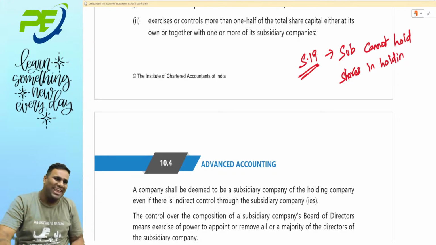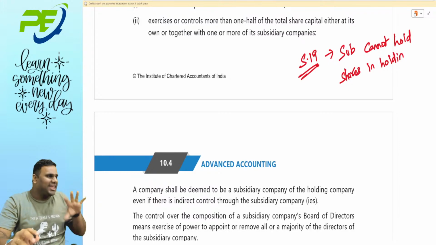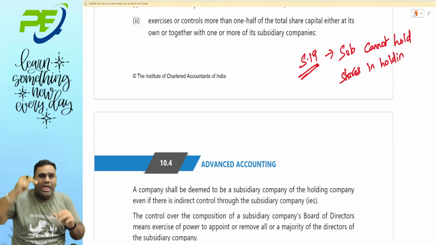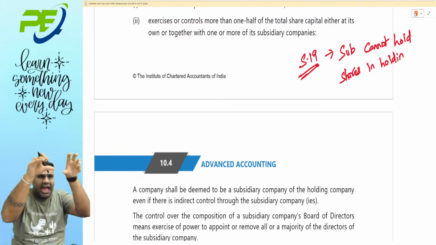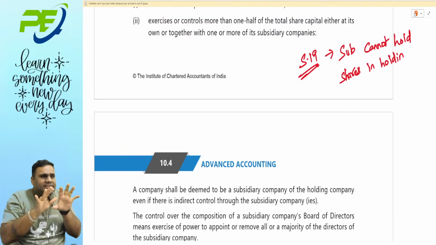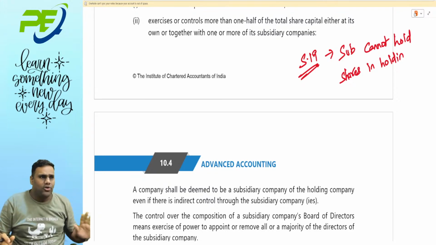We give instruction to our dad. So generally the instruction will flow from your dad to you. So always holding company will have shares of subsidiary. Section 19 says subsidiary cannot hold shares in holding.